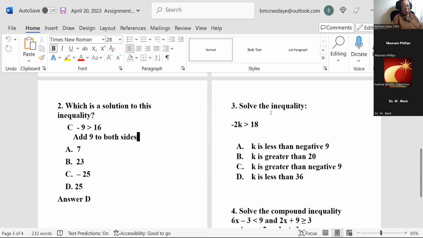I would have to add on both sides. Why add? Because I see a subtraction sign beside 2. No, I'm wrong. You'd have to subtract 18 from both sides. No, 2 from both sides. To get K on its own, how would you get K on its own?